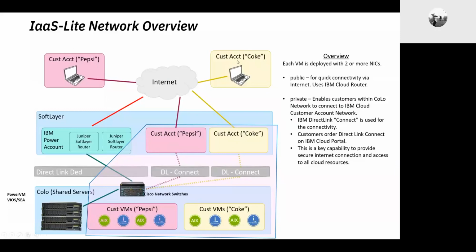So I can VPN in from on-prem to that middle box, and from there use that x86 as a jump server to the Power side. Another thing is that Coke box in the middle, I could create a virtual router there. So again, I can VPN in from outside on-prem to the IBM Cloud through the virtual router over my customer-owned Direct Link to the virtual server. So those are two different techniques I can use to access a virtual server.